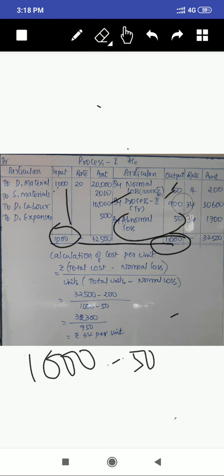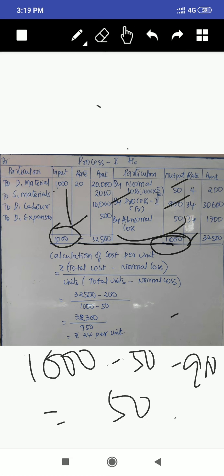Debit minus credit is simple. Debit side is 1000, on the credit side take the same 1000, minus 50, minus 900. 1000 minus 50 minus 900 is how much? 50. This 50 is your abnormal loss quantity. Always this abnormal loss is to be computed like this only: total minus credit side input output column, remaining is the abnormal loss.